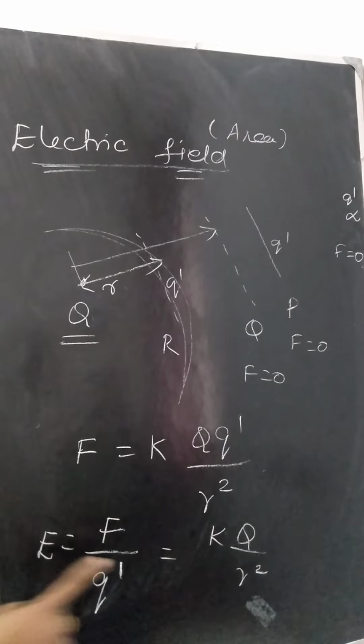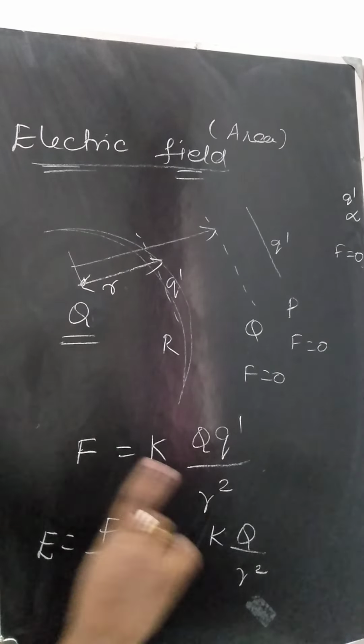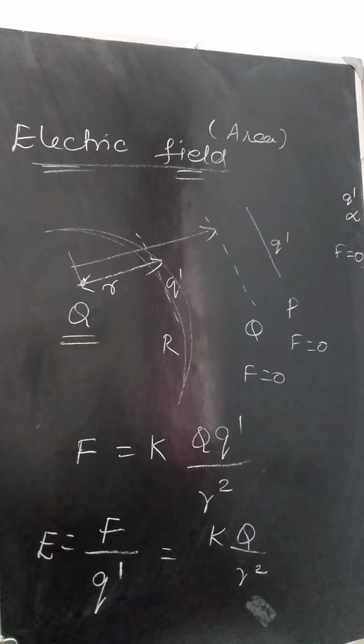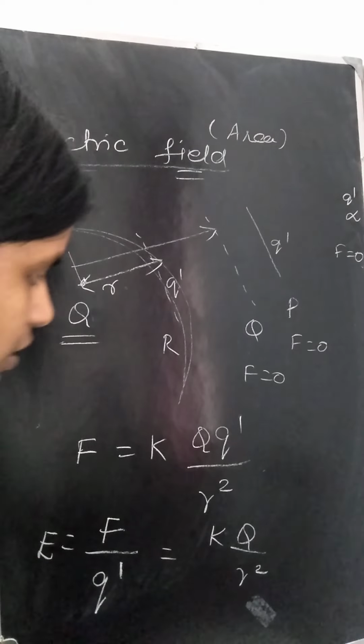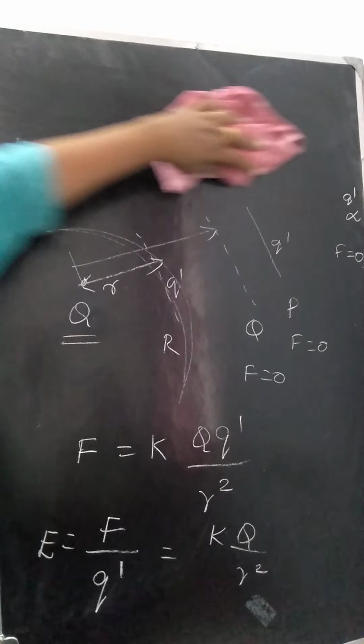So what is the electric field value? K into capital Q divided by r square. Does it depend on the test charge or source charge? It depends only on the source charge. It nowhere depends on the test charge. Finally, how can we rewrite the equation of electric field?